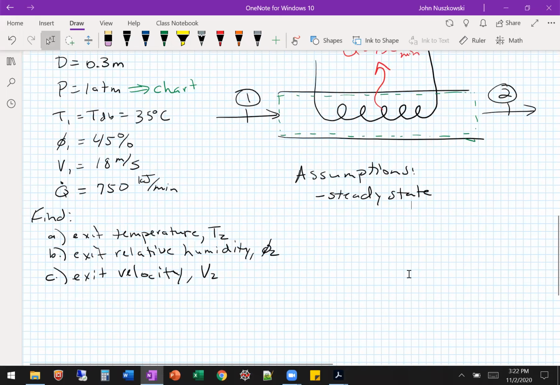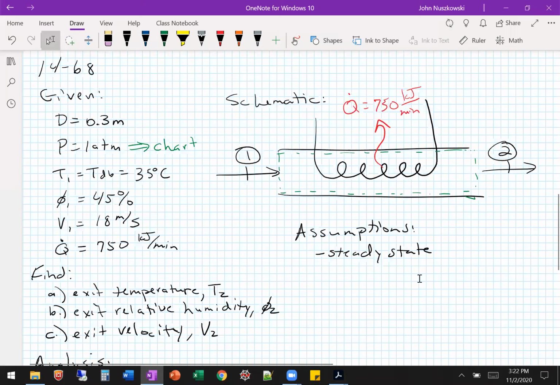All right, so let's start here. What I mentioned about properties in the last problem: do we have enough for state one to fix our point on the psychrometric chart?